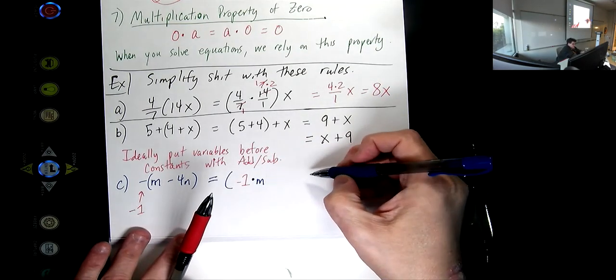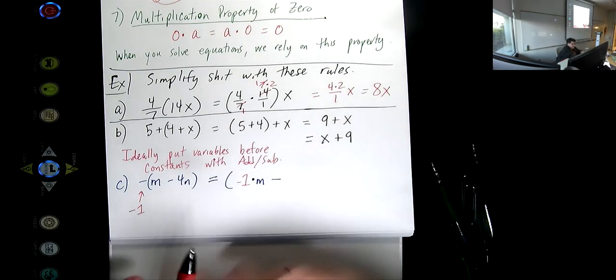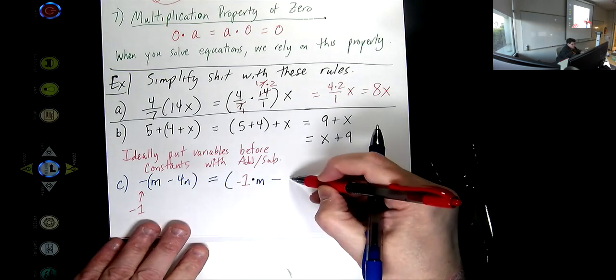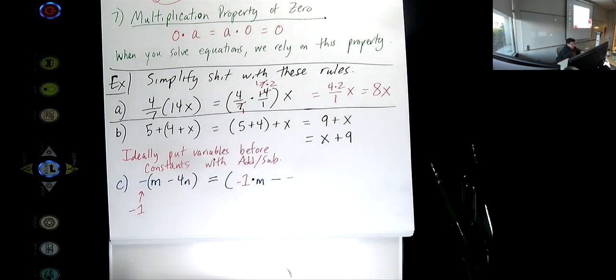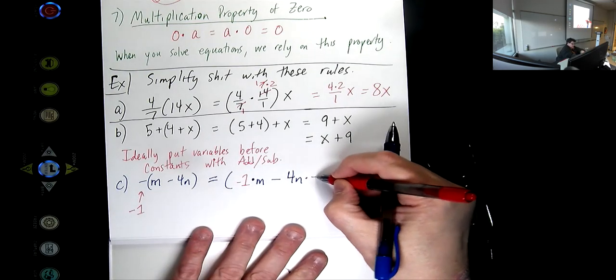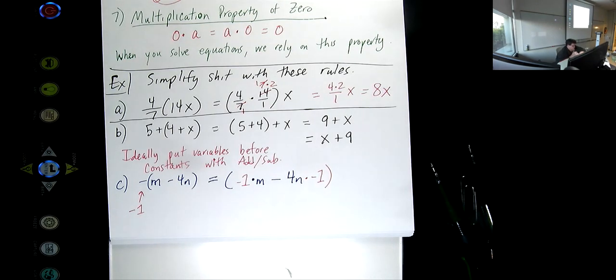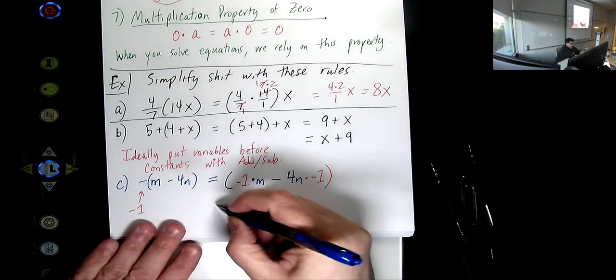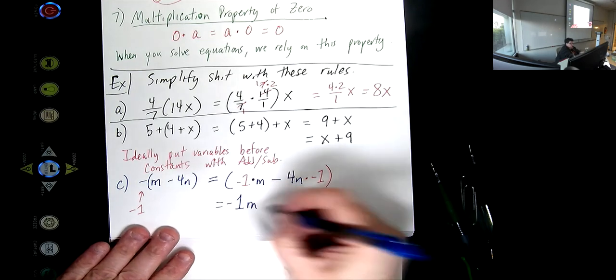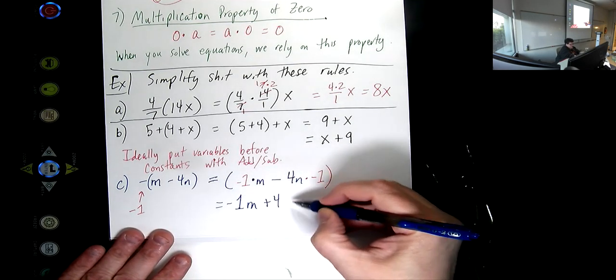And then I've got the minus sign, and then minus 4n, and I'll do the times -1 right here. There we go, that doesn't make it confusing. The -1 hits both of them. And so this ends up being -1m. And I've got -1 times -4 makes it +4n.